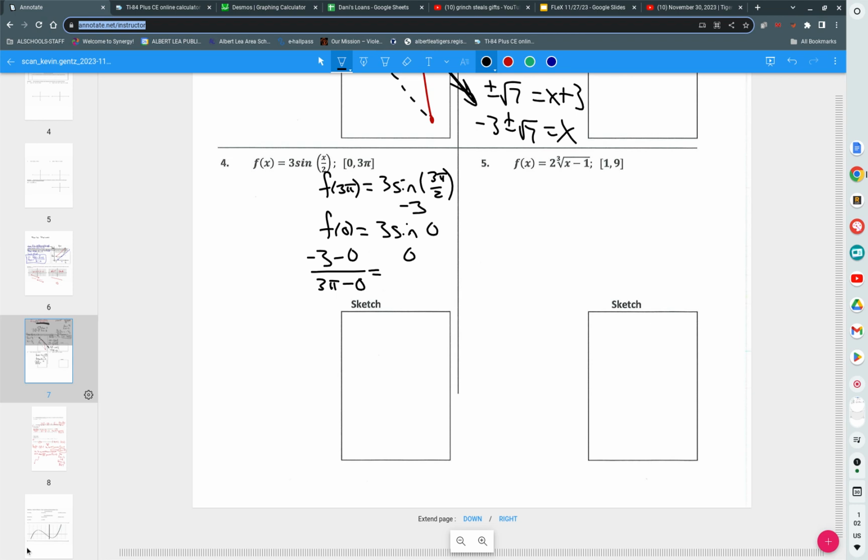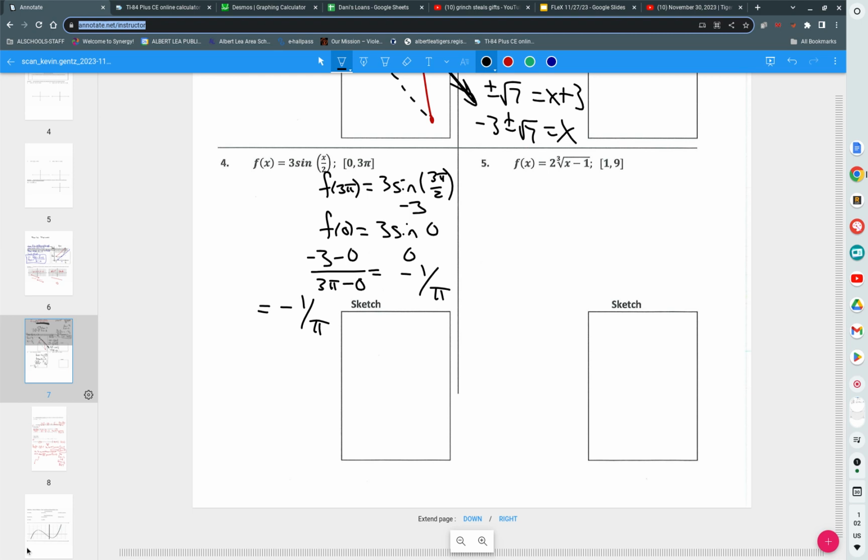And what do you get? Negative 1 over pi. So that's the right side, negative 1 over pi.